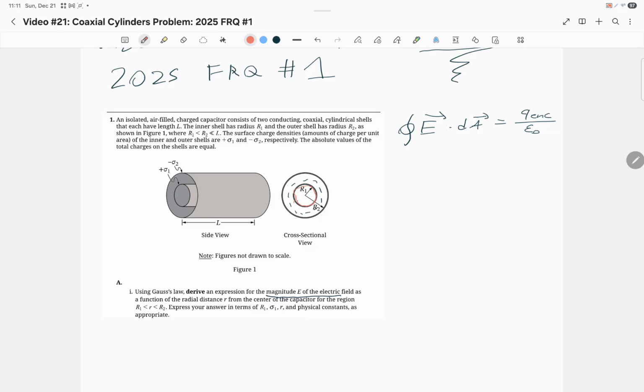By using our surface charge, sigma 1 equals Q enclosed over 2 pi R1 L, the length, which they give to you.